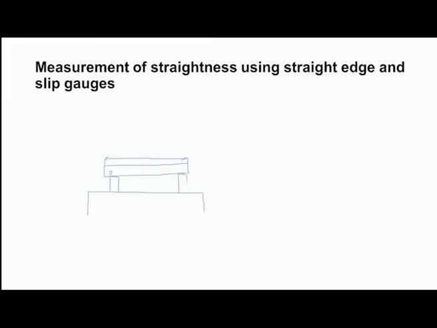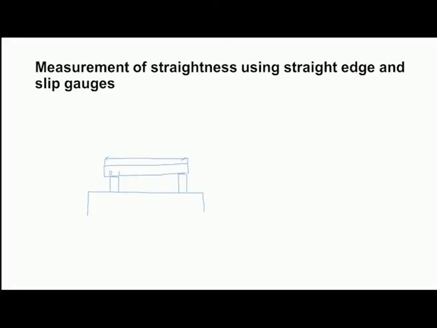We have to use another set of slip gauges, and support like this, so that this distance is the Airy distance, so that the bending is minimum. Now, we have to divide this distance into 10 equal parts.